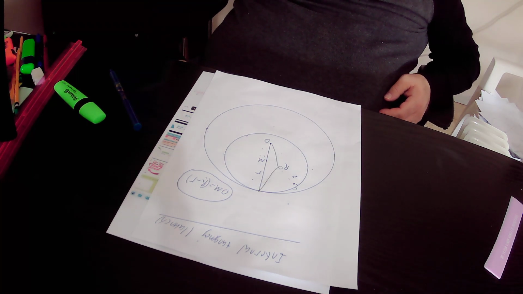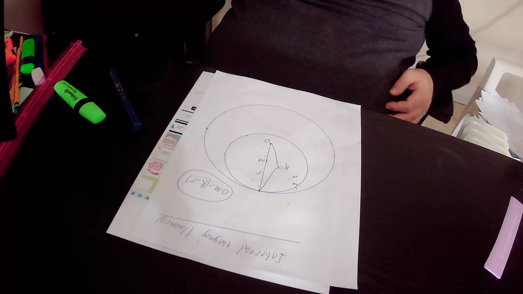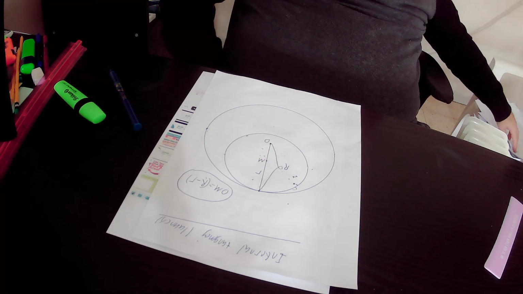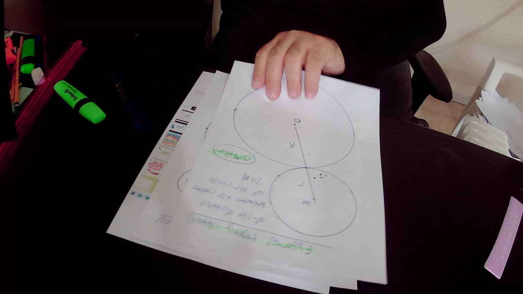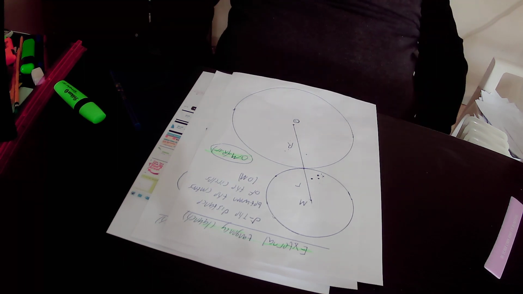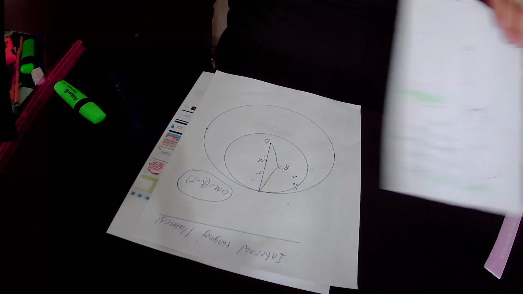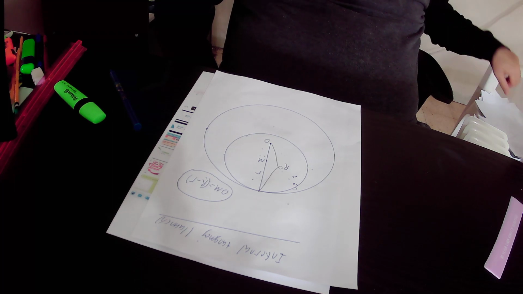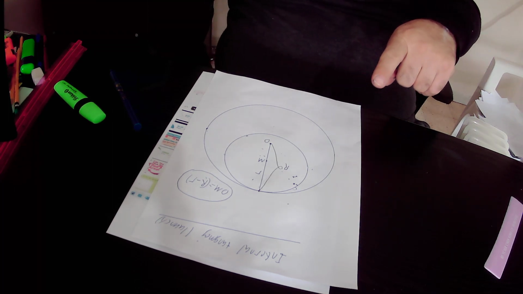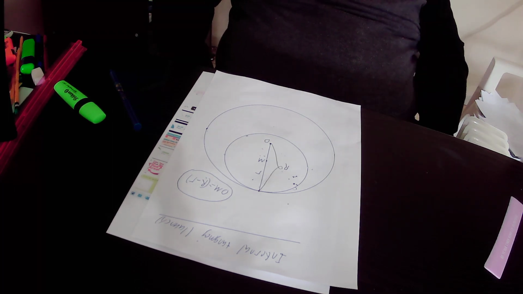Okay, so we have two types of tangency between two circles. The first type is the external tangency, and then the distance between the centers of the two circles will be equal to the sum of the lengths of the radii. In this case, it is capital R plus small r. And we have also the internal tangency, when the two circles are touching each other internally.